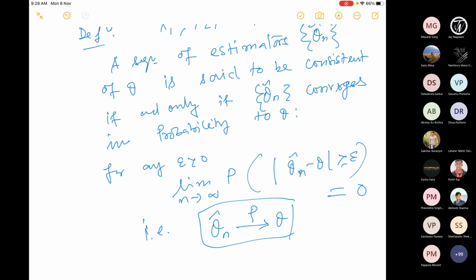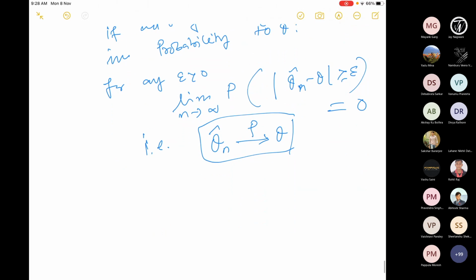This is the standard notation for a sequence theta hat n, or any sequence. I discussed that this definition of convergence is different from the standard definition of convergence of a sequence of numbers. If a sequence Xn converges to X in probability, I'll write this notation.